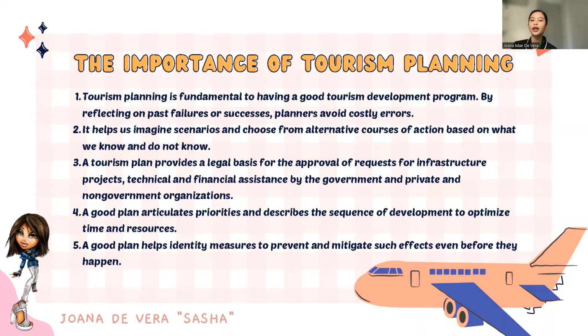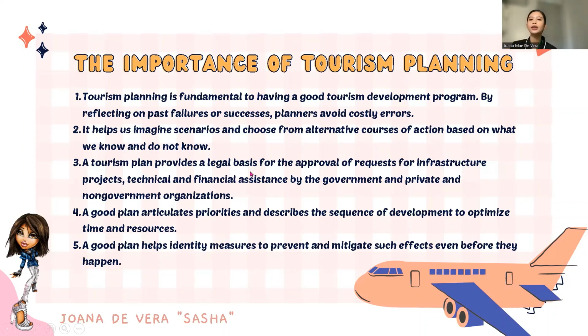So by having a tourism plan, you have a legal basis for the approval of what you need for your project, whether infrastructure, or technical or financial assistance from the government and private and non-government organizations. It is easier if you have proof. For example, if you need financial assistance from the government, they will not approve it unless you have a plan proposed to them, or proof that you really have a project to build.